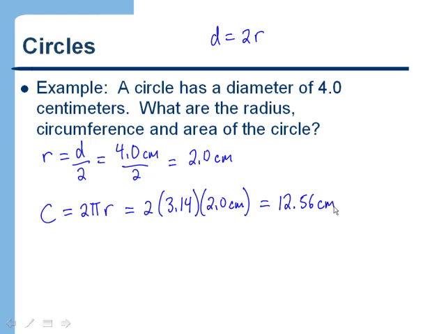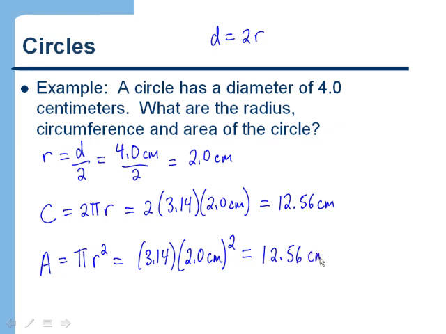Okay, and so that would be the answer. To calculate the area is pi r squared. So I take 3.14 and multiply by 2.0 centimeters squared. And so you'll notice that when I do that, since it's 2 centimeters times 2 centimeters, that's how I get centimeters squared in the answer.